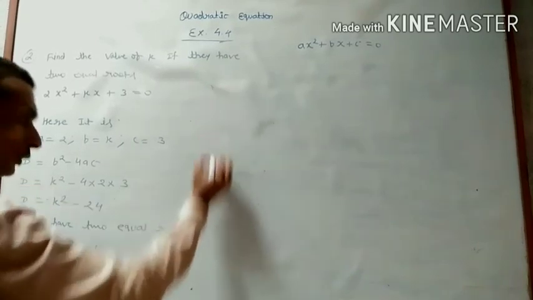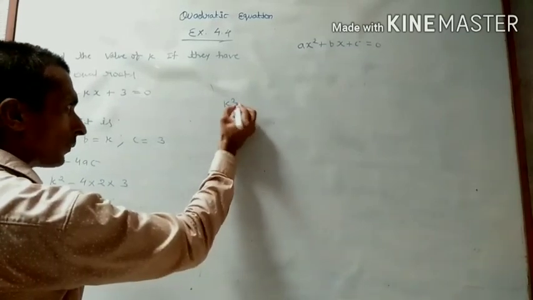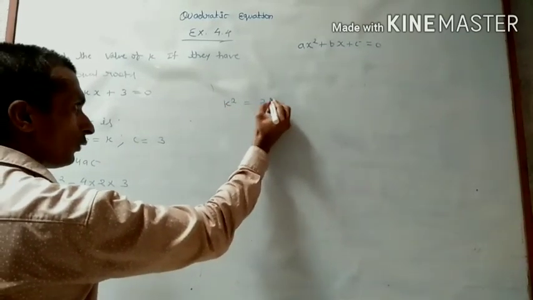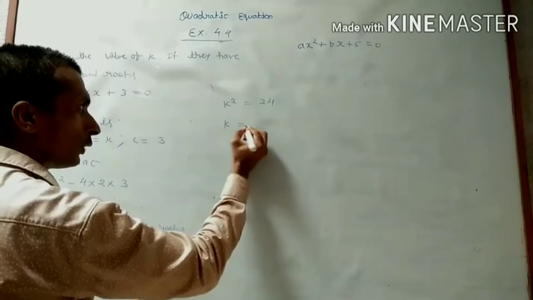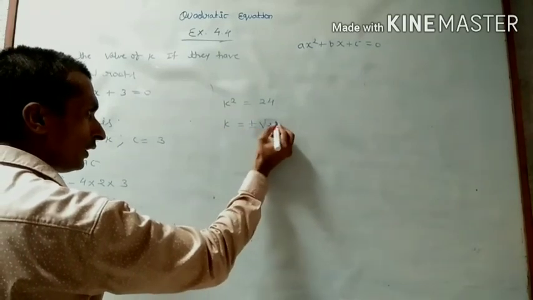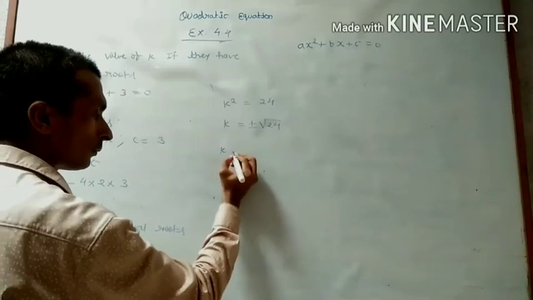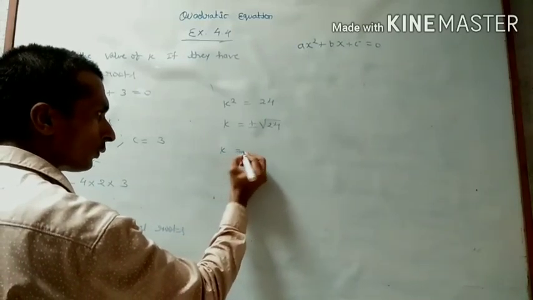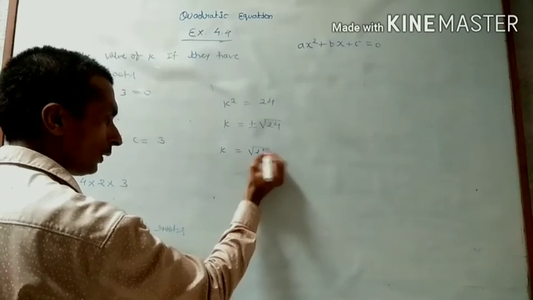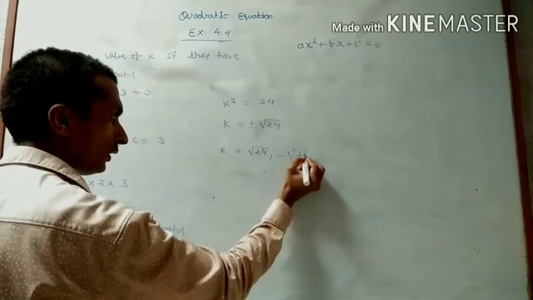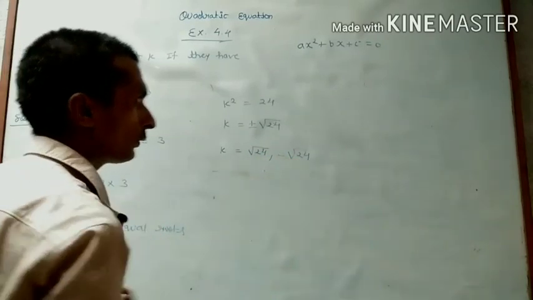Right? So you can write also k square equal to 24 and k equal to plus minus under root 24. So the value of k equal to plus under root 24 and minus under root 24. So there are two values you can get.